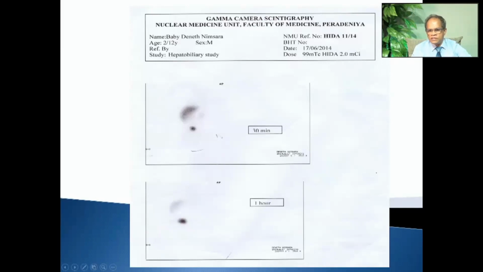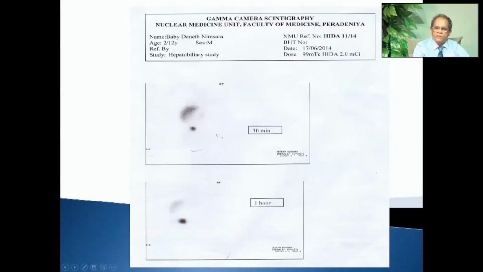But because this patient clinically and ultrasonographically looked like biliary atresia, we were wondering whether this film shows isotope in the bladder, and the subsequent film is that the baby has emptied the bladder into a diaper, so that the isotope is in the diaper rather than the bowel.